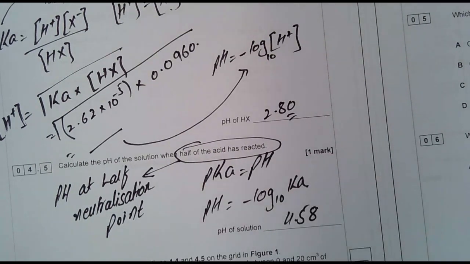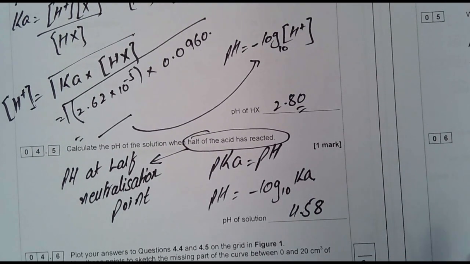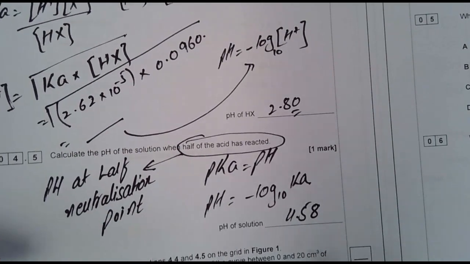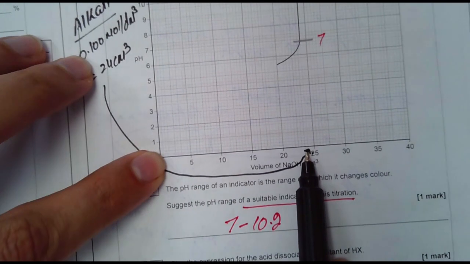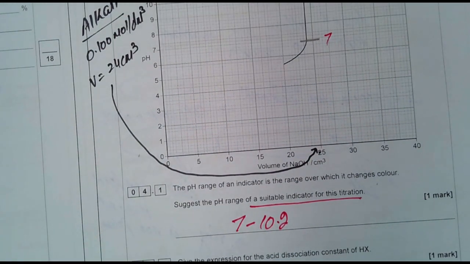Now we need to complete. It says plot your answers to question 4.4 and 4.5 on the grid in figure 1. Figure 1 is, if I go backwards, this is the half neutralization point, which is 4.58. Half neutralization point will be when half of this solution has been used. So half of this solution means when I have used 12 centimeter cube of my alkali.